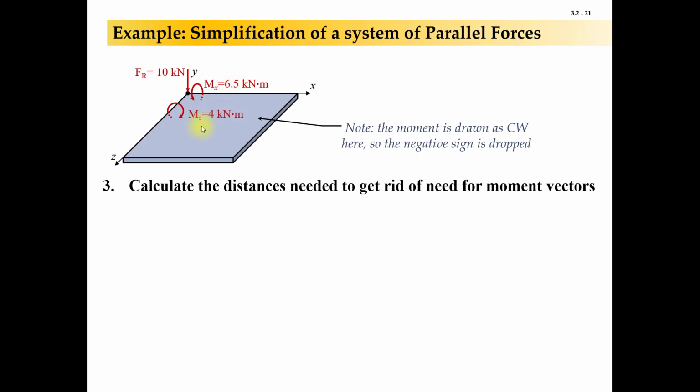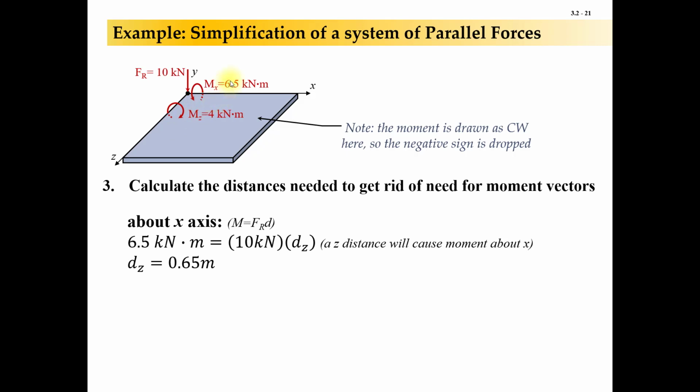But I didn't do that because that's not what I'm asking for in this problem. I'm actually asking for simplifying it down to one force at just the right location. So I'm going to leave it in its components like this. So there's my 6.5 and my 4. Remember the 4 was negative before, but see how I've drawn my moment vector? I've drawn it clockwise. So I got rid of the negative sign because I showed the vector correctly.